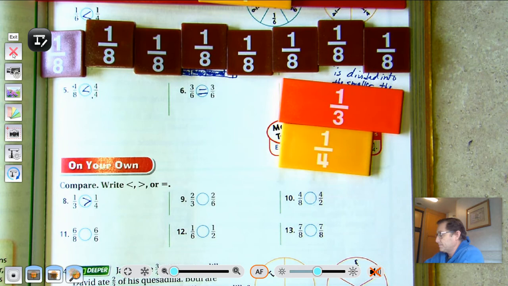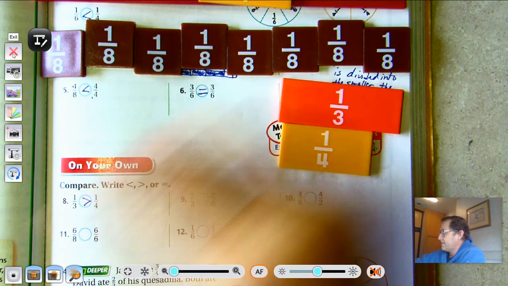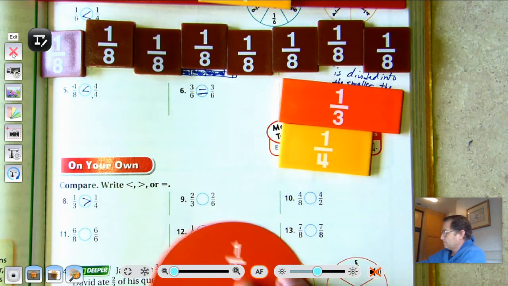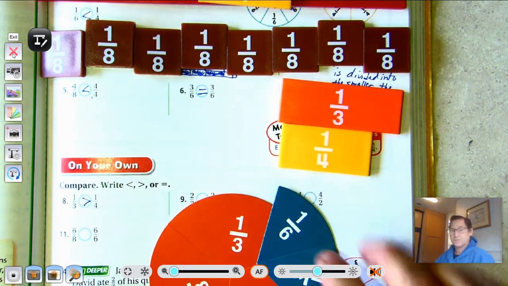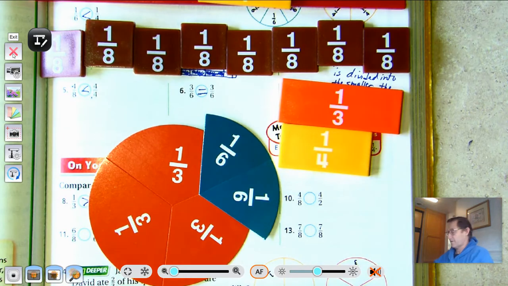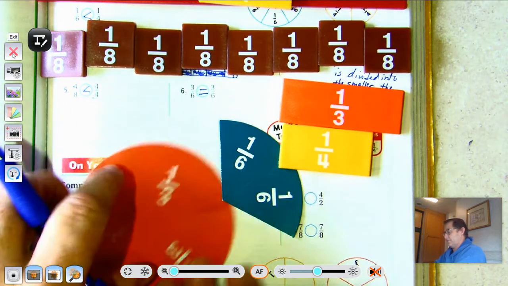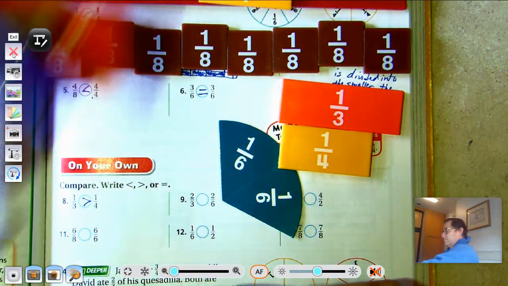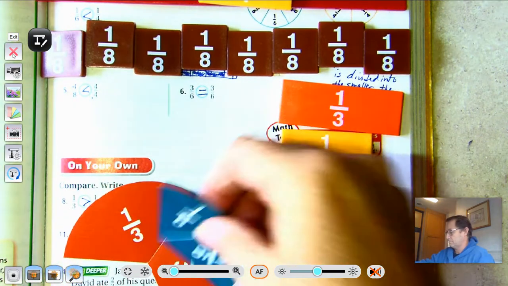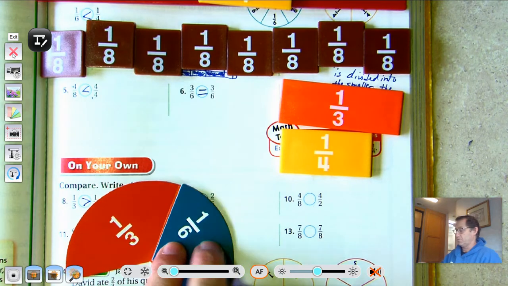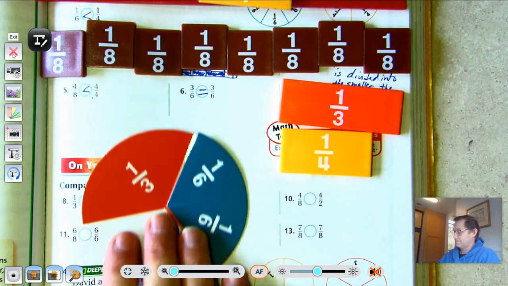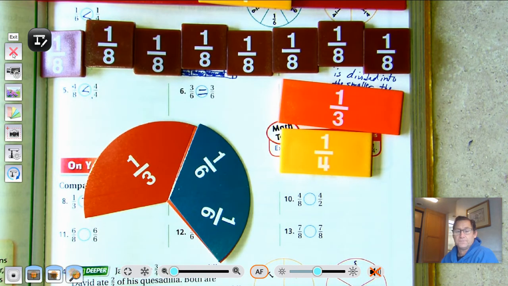2/3 compared to 2/6. Let's use a circle this time. So there's 2/6, and this is 2/3. So 2/6 is only about a third.